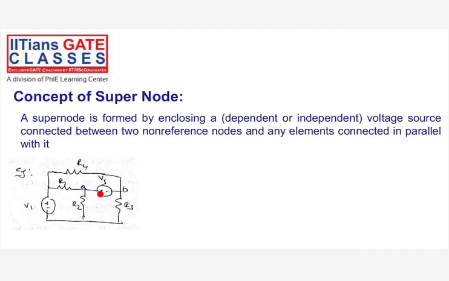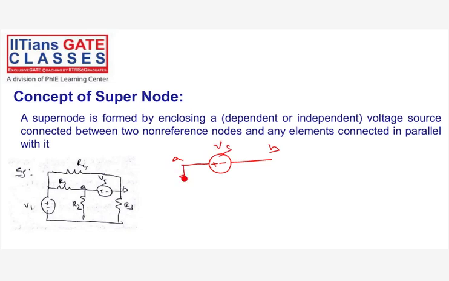These two, A and B, are non-reference nodes. So we'll have a Va here and Vb, the voltage at this node and this node. When I say this is a voltage Va, this is with respect to the reference, taking ground as reference.